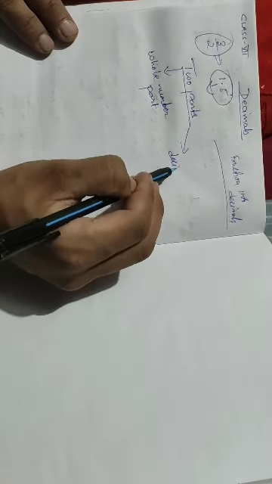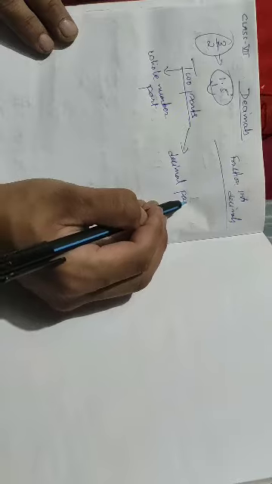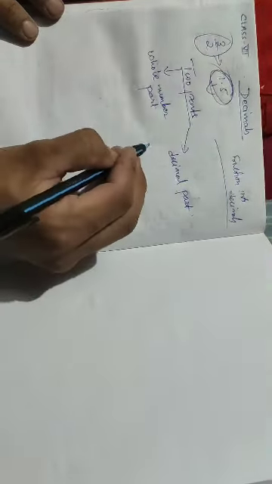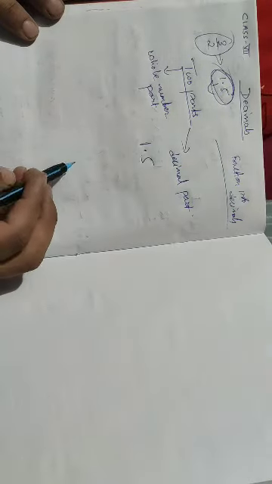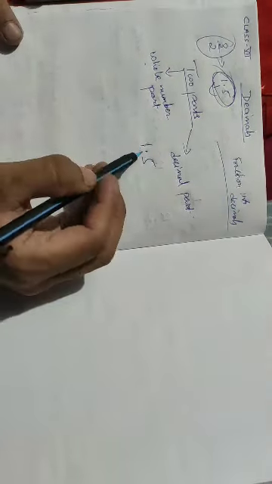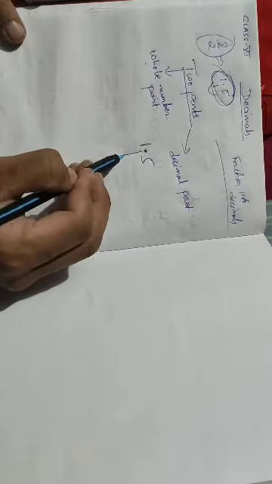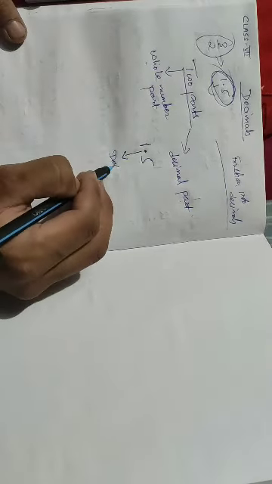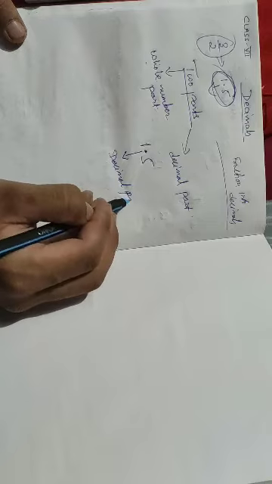So if I have 1.5, there are two parts: one is the whole number part and the other is the decimal part, and they are separated by a decimal point. That means this point is called the decimal point.